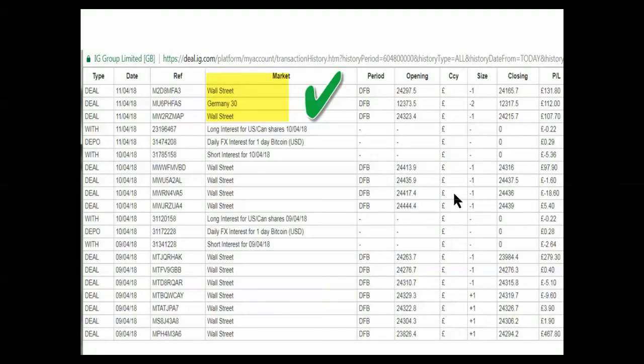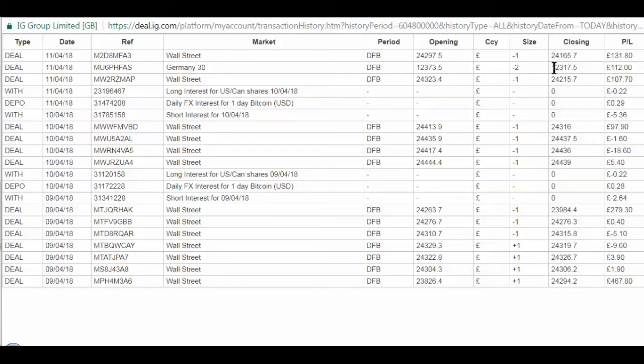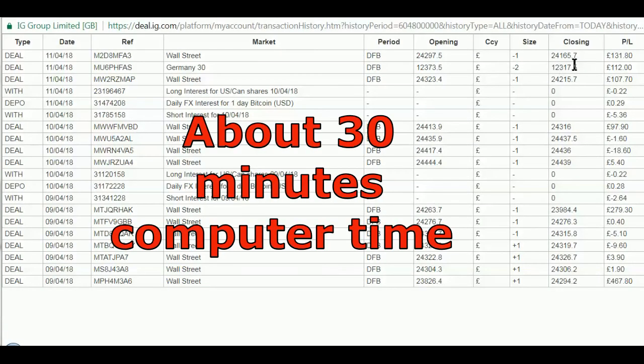I hardly touched it at all yesterday, which is the 10th of April. 97 there. A couple of little small losses just here. Well, actually, that was some interest I had to pay on some stock trades, and then those 3 here. That really probably took me about half an hour's work at the most.